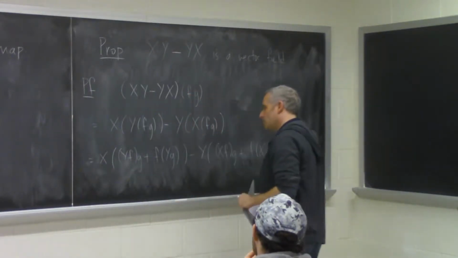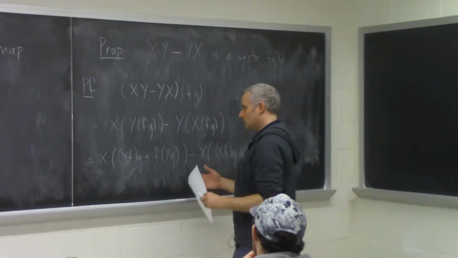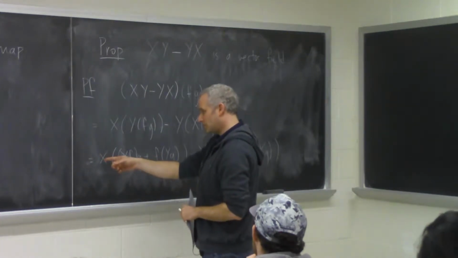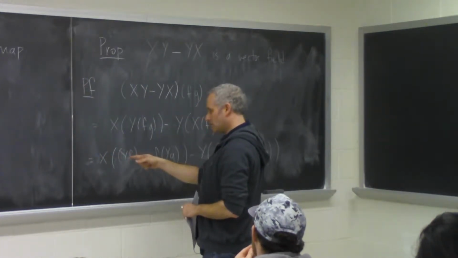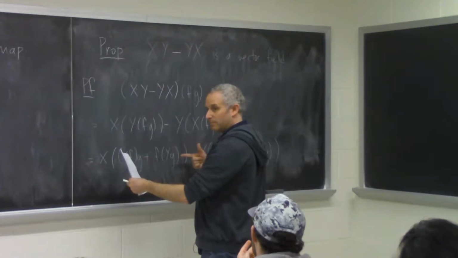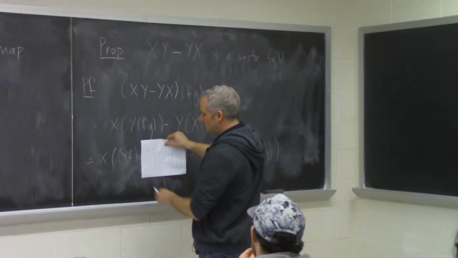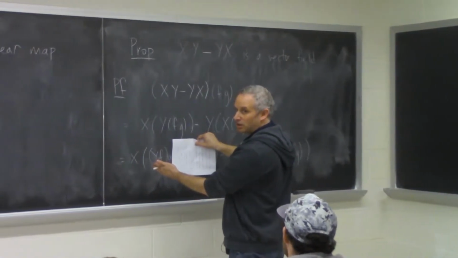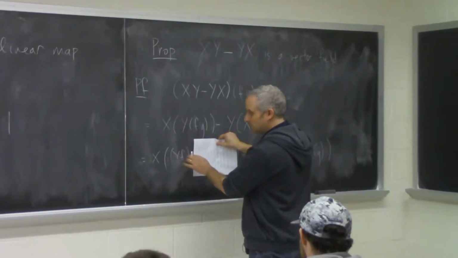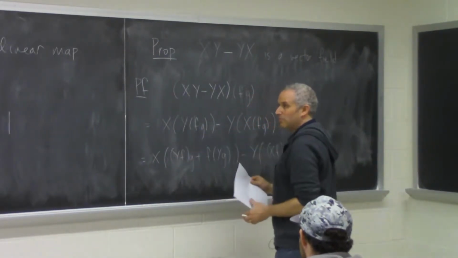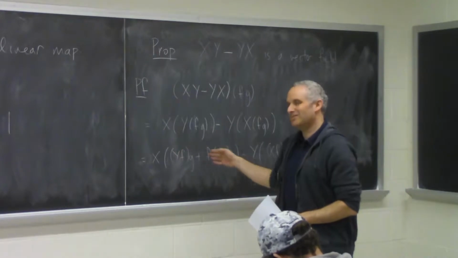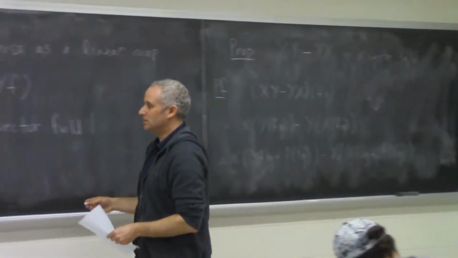So we have to use our knowledge of what's on the outside here, so X. Now X is acting on a sum, so we can split that up. And then each of the summands is a product of two functions again. It's this function times this function. So we apply the product rule for X again for each summand.